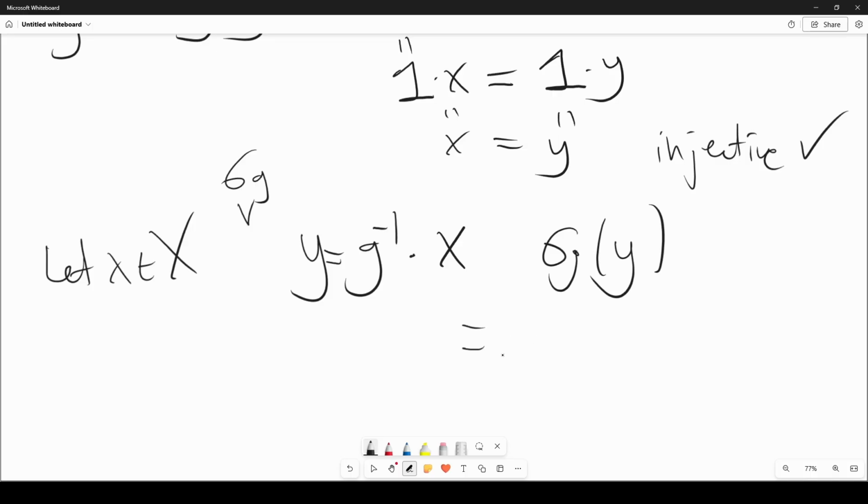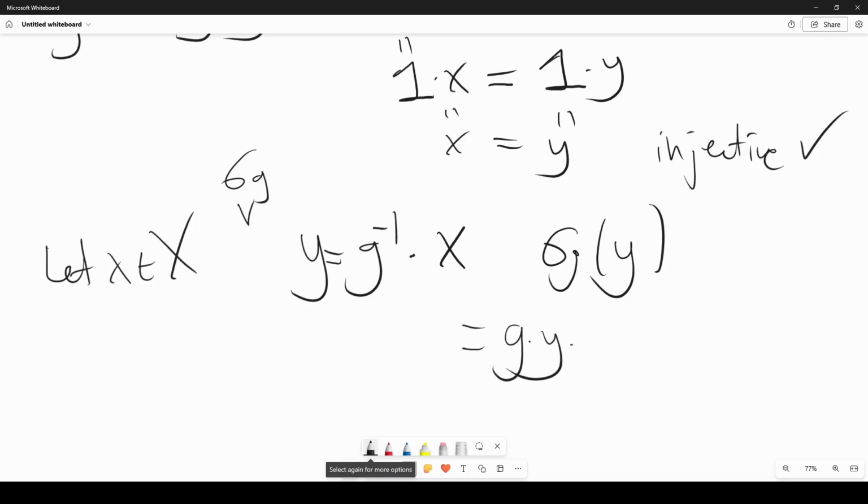Well, this is equal to g dotted with y, but y is g inverse dotted with x, so this is g dot g inverse dotted with x, and once again I can group the g and g inverse, and then I just get x.